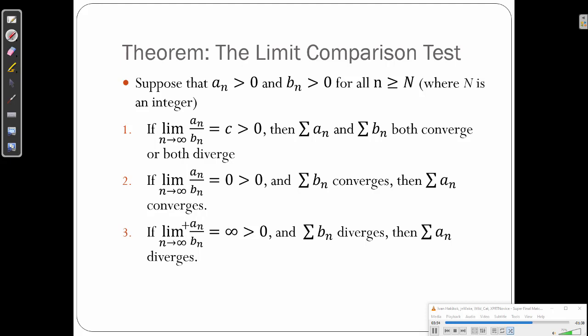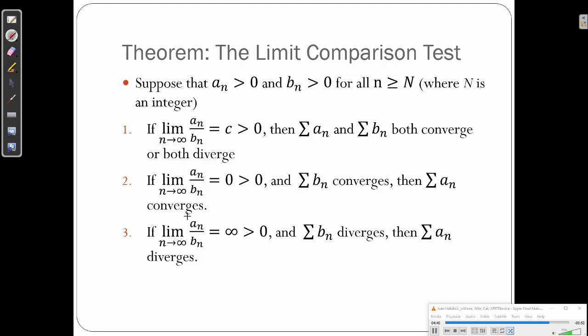And similarly, if it goes to infinity and the bottom diverges, well, that would only happen if the top goes to infinity more quickly. So, if the bottom diverges, the top has to as well, if it goes to infinity. So it's just a few extra refinements to it. In case you don't get a perfect comparison, where they behave exactly like each other, if you still have something that's close, it'll basically give you the cases of the direct comparison test.